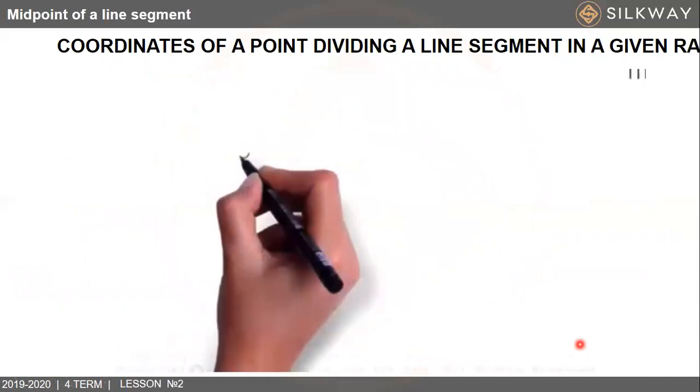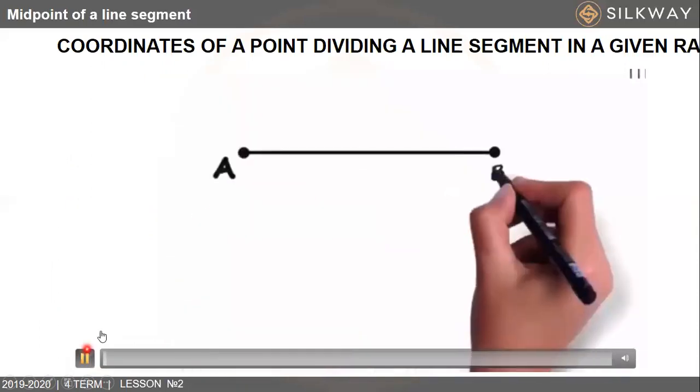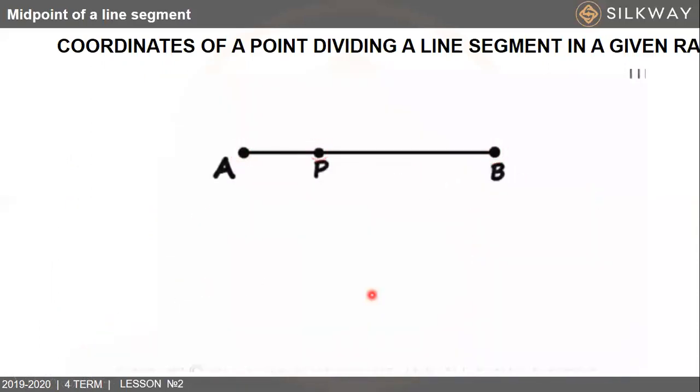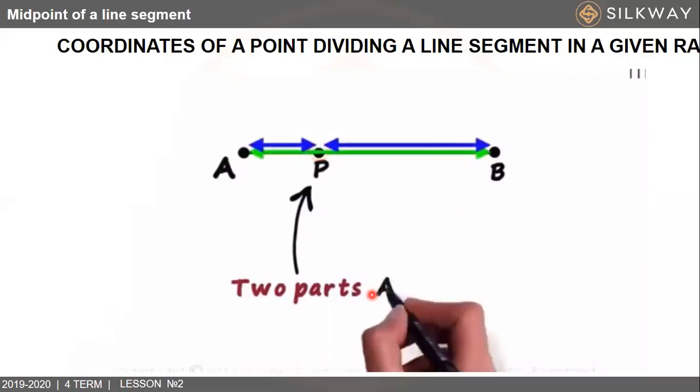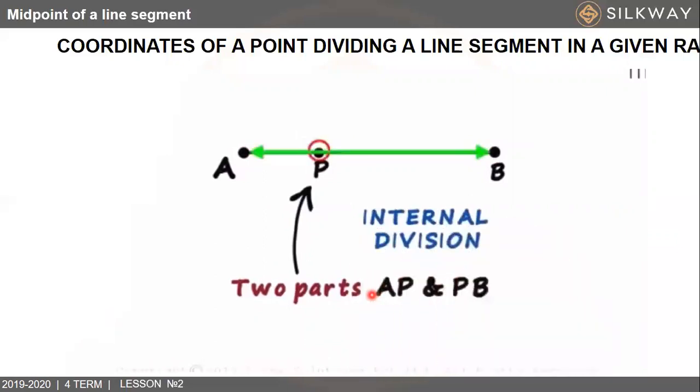Okay, next, the coordinates of a point dividing a line segment in a given ratio. Let's take any 2 points A and B, and between these points a point P, and this point divides AB into two parts, but not equally, and this is called internal division.